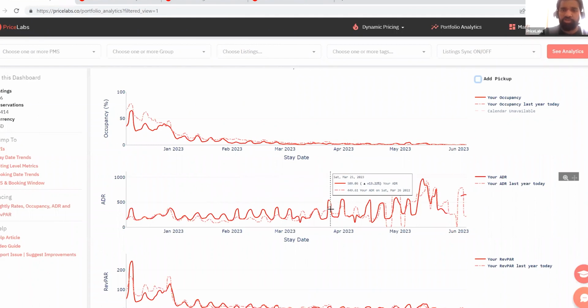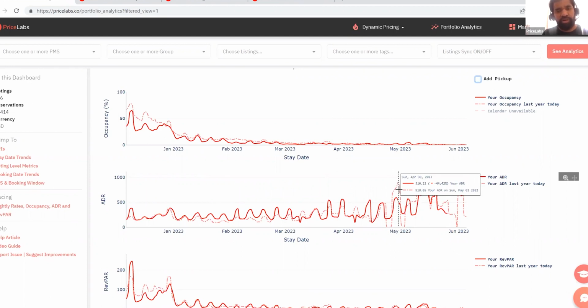But what you can also quickly track here is if on certain dates last year you had really high ADRs and you don't have in the current period ADRs that high, you may want to think about, for example, in this April, May end, why are my ADRs not high?